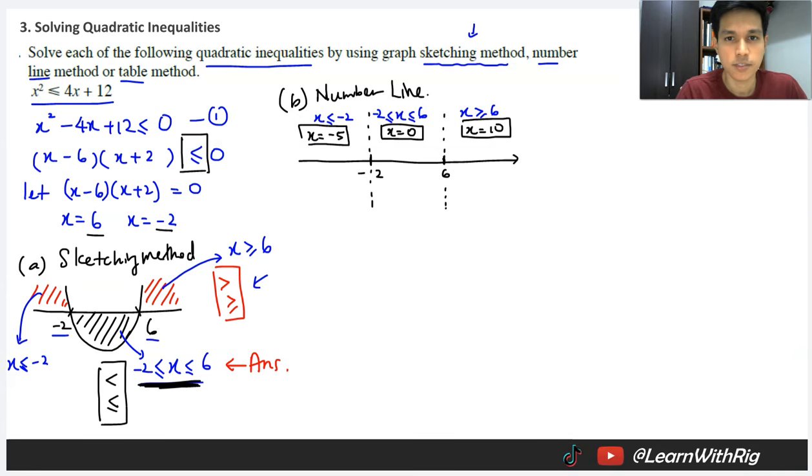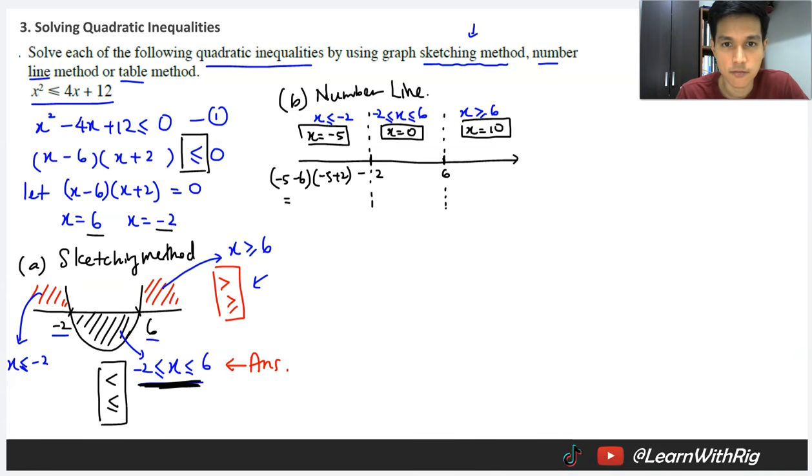So first, if I substitute -5, it's -5 minus 6 and -5 plus 2. All this, by the way, you don't have to write, I'm just showing you guys. You just have to write the range here, then choose what value you want to use, and then determine whether it's a positive or negative value.